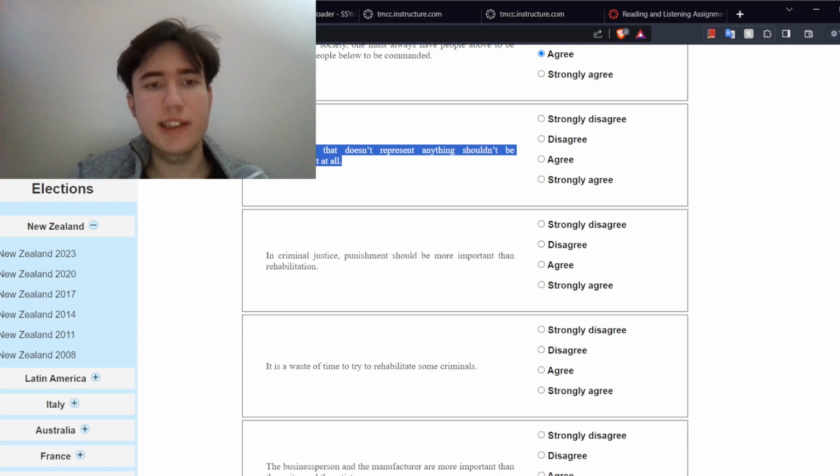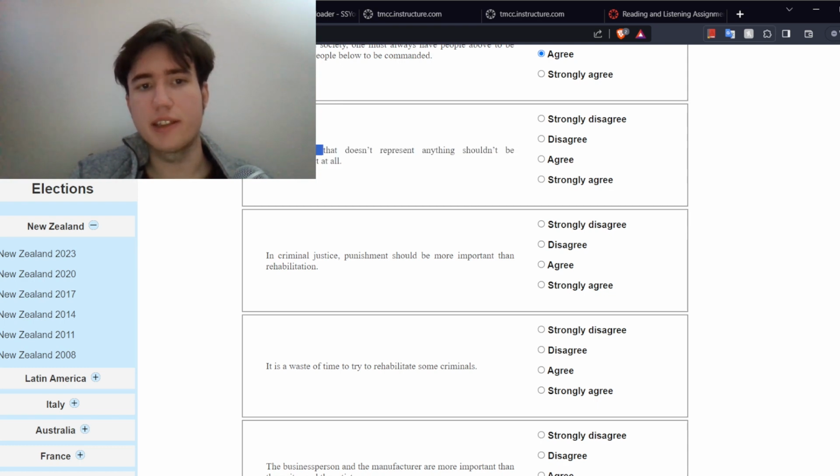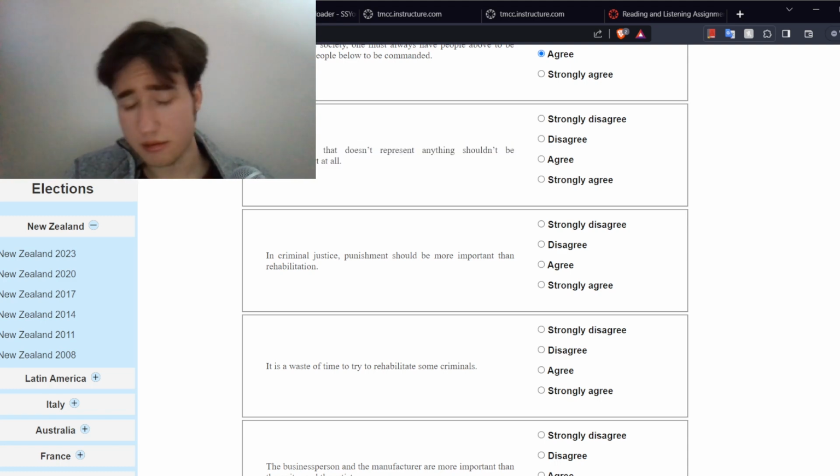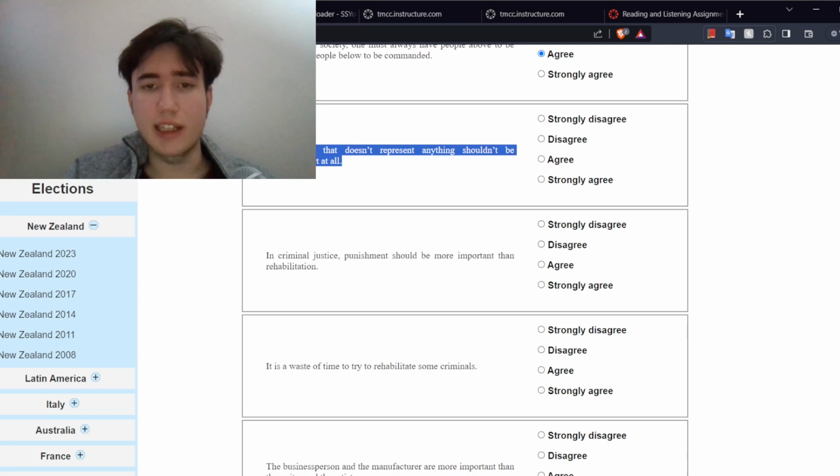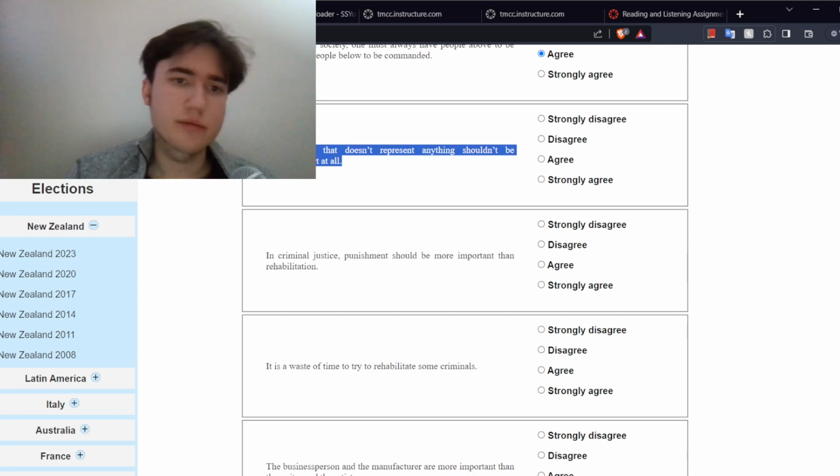But that's a coincidence. It doesn't tell you anything about the fundamentals of this political philosophy. You can agree with this statement and have a totally different political philosophy, and I don't think that should impact your score.